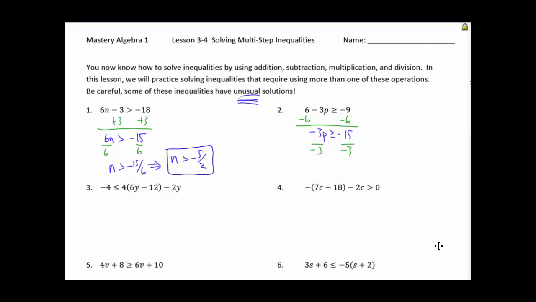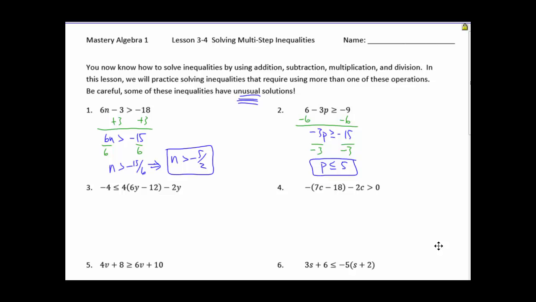Hopefully the light went on from the last section on 3.3. When we divide by negative 3, we need to make sure we flip the sign. So we're going to get p is less than or equal to negative 15 divided by negative 3, which makes positive 5. So we really want all the p's that are less than or equal to 5.